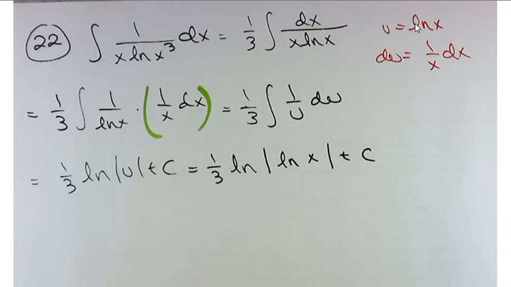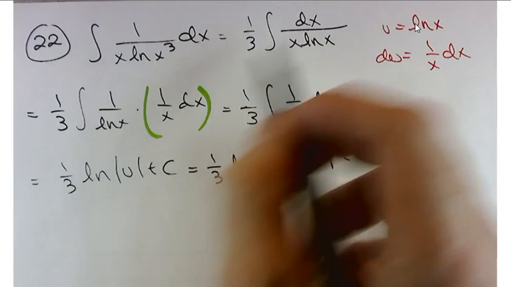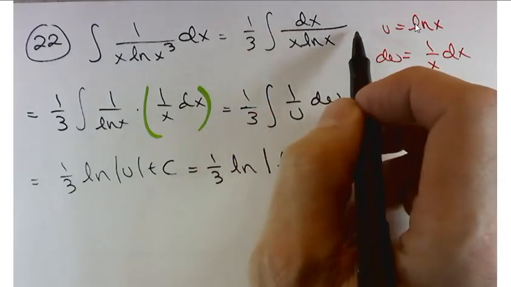There's a good follow-up problem to this one, but let me pause for a second and make sure you're on board with 22. Yeah. Here? Why? All I did was I took the dx off the numerator.